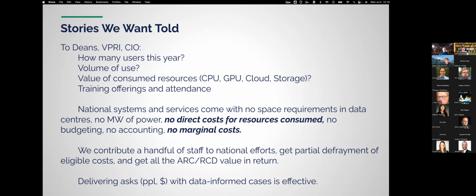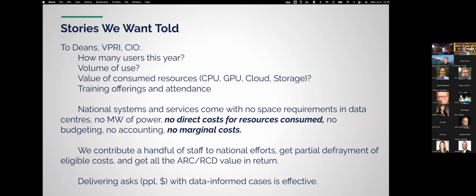So at the University of Alberta, we contribute a handful of staff to those national efforts, and get partial defrayment of their salary and benefits. And then we get all of that research computing value in return back to the institution.